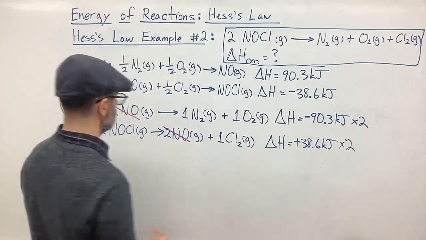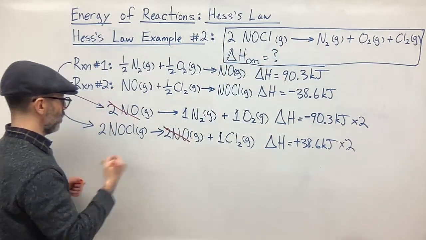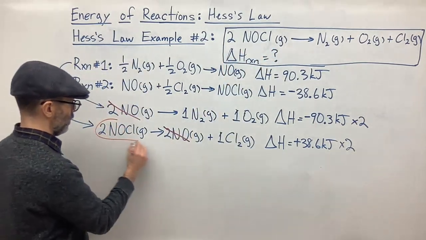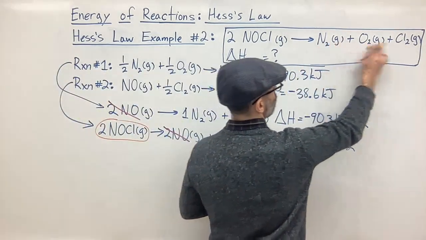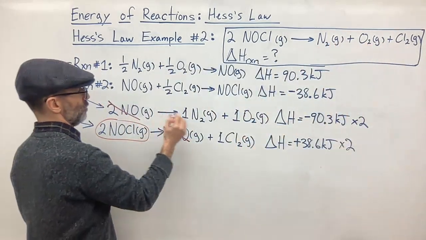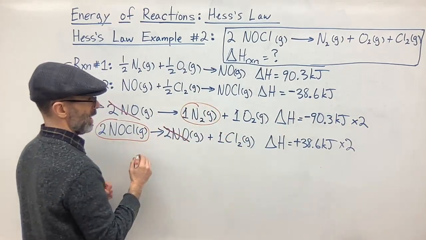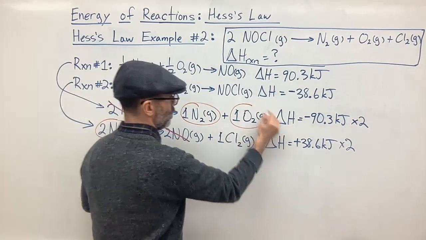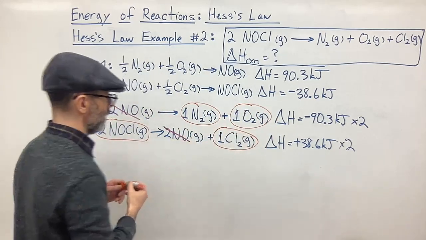And for the rest of it, you can see that I want 2NOCl for my target. Here I have 2NOCl gas. And I want one of each of those, and you'll see that I have one NO2 gas, one O2 gas, and one Cl2 gas.